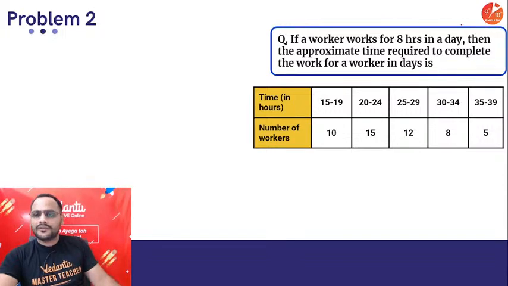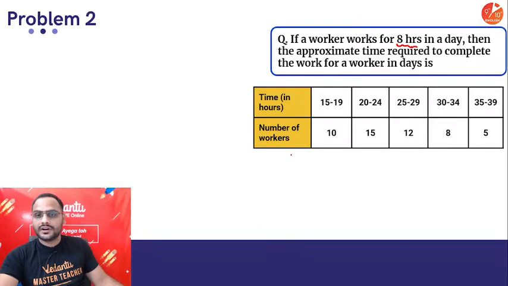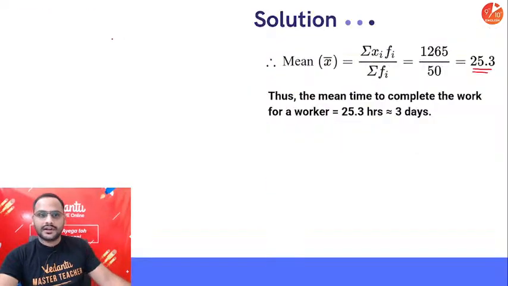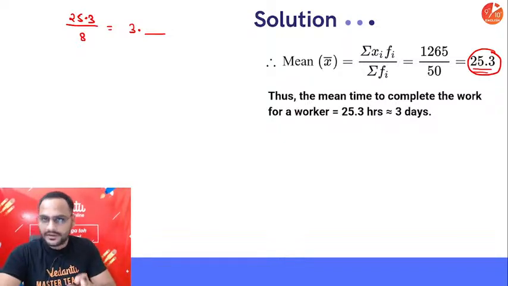Now if a worker is working 8 hours in a day, we know on an average it will take 25.3 hours. So 25.3 divided by 8 hours a day, 8 3s are 24 point something, 3 point something. So they are saying nearly 3 days.